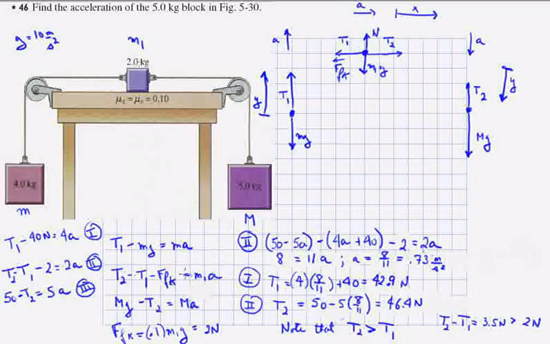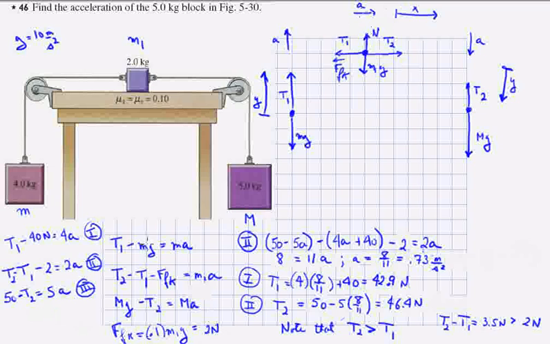For the big M, it's Mg minus T2 equals Ma, and then I have my friction equation, which, as we mentioned, the kinetic frictional force is going to be 2 newtons, and it's going to be acting to oppose the acceleration and the motion to the right.